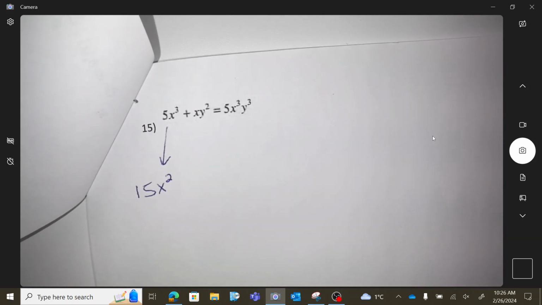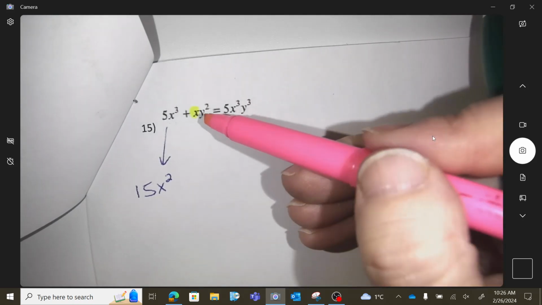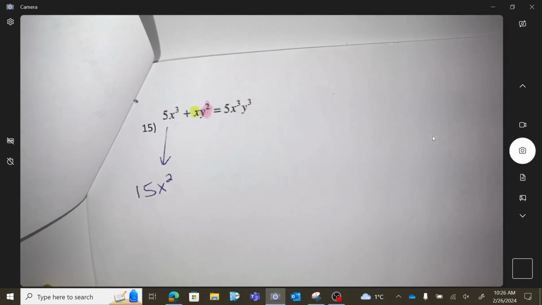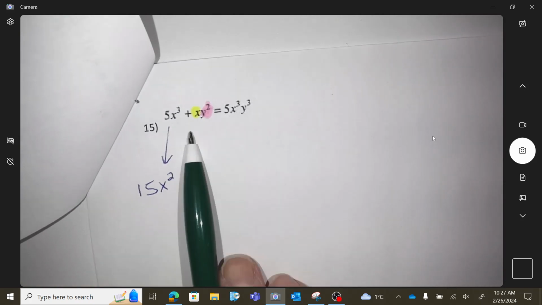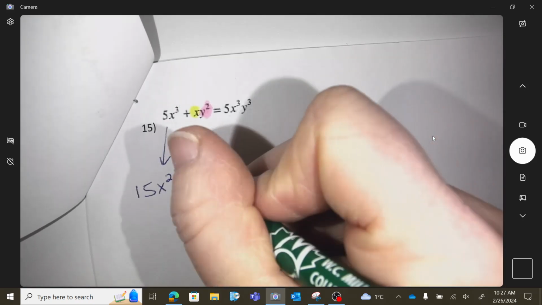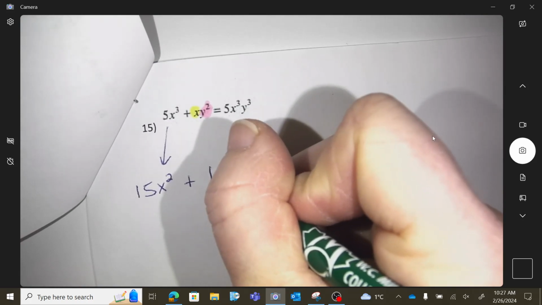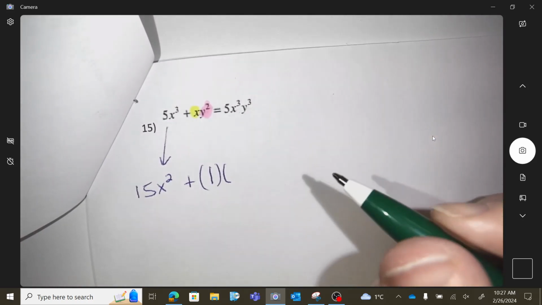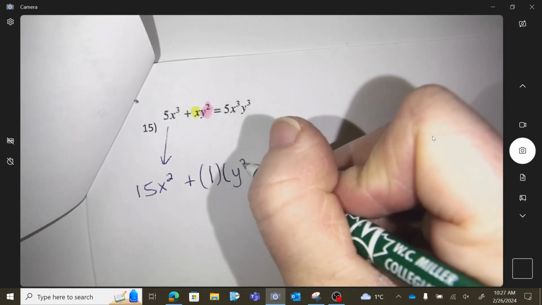This, I'm going to have to do a product. Okay, ready? What's the derivative of my yellow here? 1. 1 times the original pink.